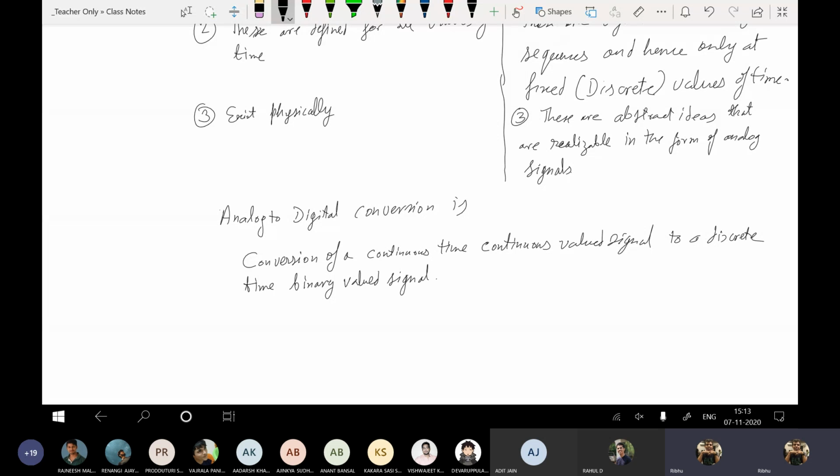Fine. The process of analog to digital conversion is basically this.